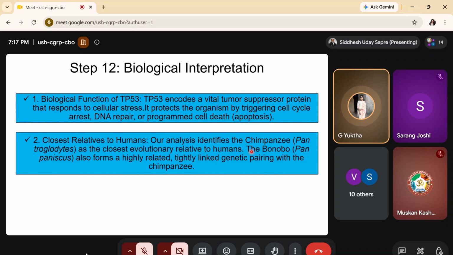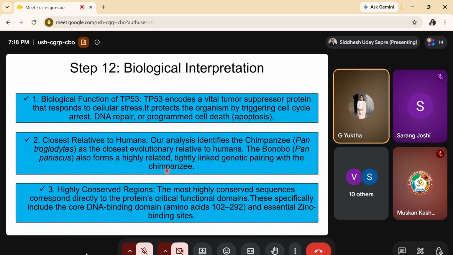Also, bonobo showed a highly related, tightly linked genetic pairing with the chimpanzees. The next one is that highly conserved regions were found through multiple sequence alignment, which reveal that there are many regions across the species which had very similar regions.